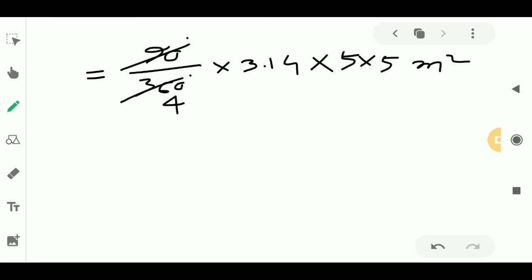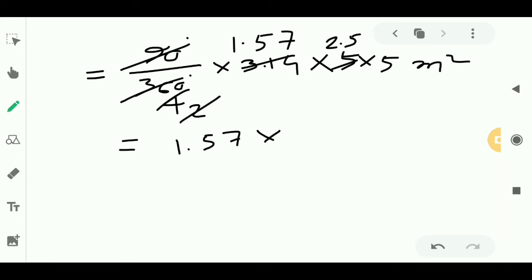So we can cancel this 4, this is 1.57, and with 2 we can cancel 5 also, 2.5. So we have 1.57 and 25 5s are 125, point before 1 digit, 12.5.